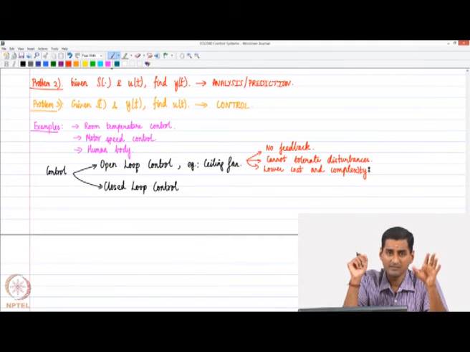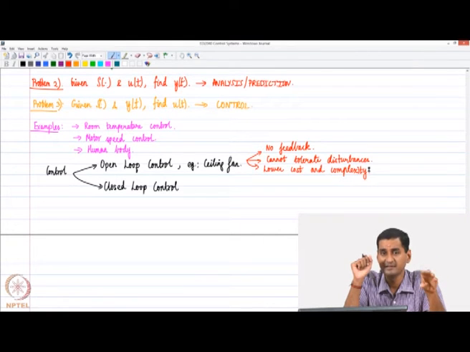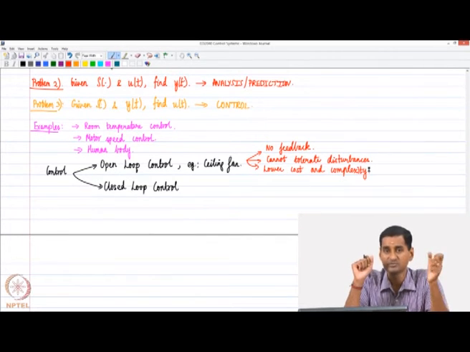I would measure the actual RPM using a speed sensor, and then take the actual RPM at each and every instant of time, compare it with the desired value, and quantify the difference between what I desire and what is actually being obtained. I would take that error and pass it through what is called a controller, and the controller will then adjust the electrical input to the fan, right. Then when that happens, we have what is called closed loop control.